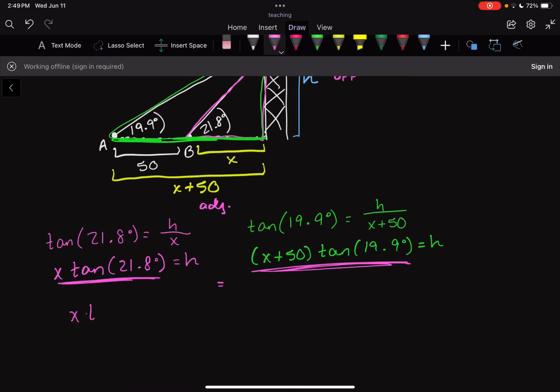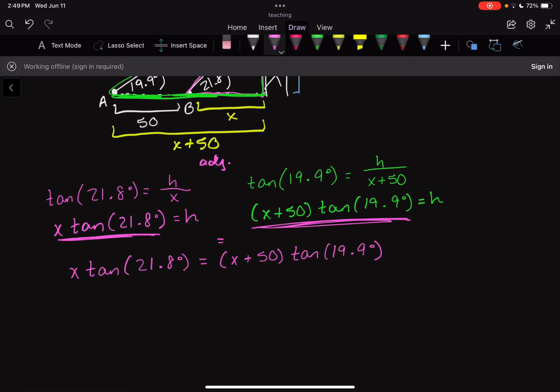So this would be x tangent 21.8 degrees is equal to x plus 50 times tangent 19.9 degrees. So again, the other way to do this problem would be to set them equal to x first and then set them equal to each other, and you'd have h in there, but it is harder algebraically to work with. I really hope that makes sense. If not, don't stress about it too much.